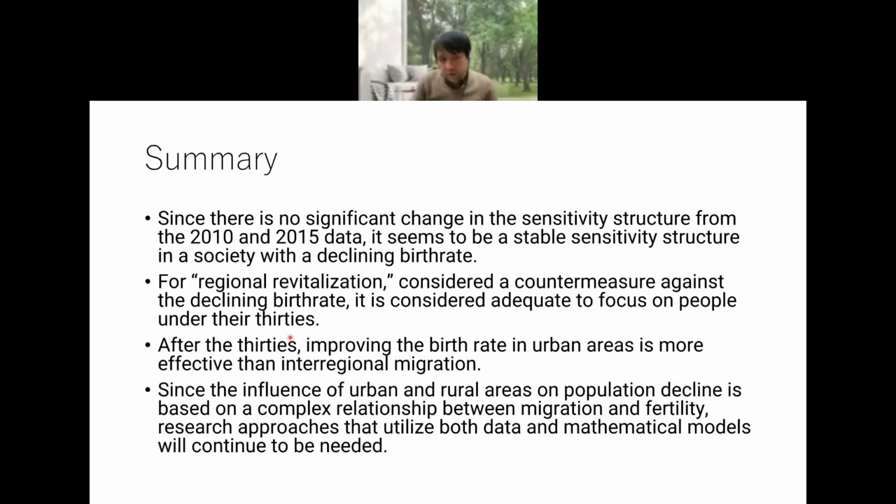After the 30s, improving the birth rate in urban areas is more effective than interregional migration. Since the influence of urban and rural areas on population decline is based on a complex relationship between migration and fertility, research approaches that utilize both data and mathematical models will continue to be needed.